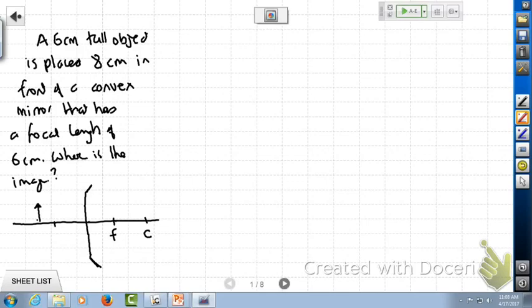Then I draw my first ray, and my first ray goes to the mirror and comes back again. My second ray goes parallel to the top. And what does it do? It's supposed to go through the focal length, but it bounces away from the mirror, so it's projected from the focal length, like that.